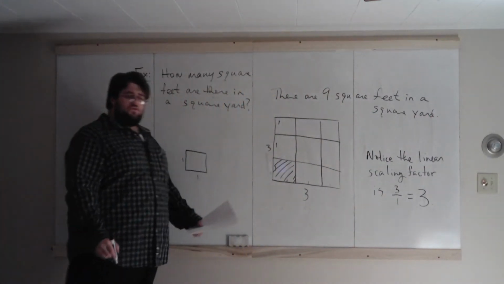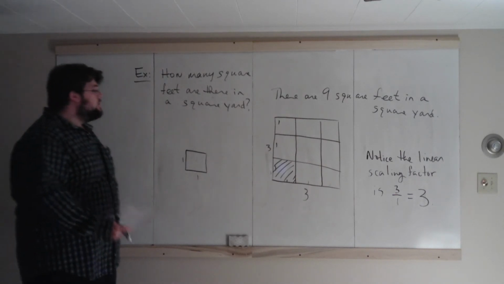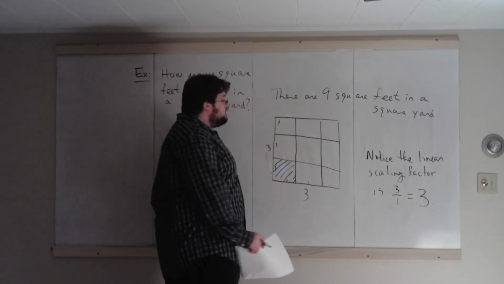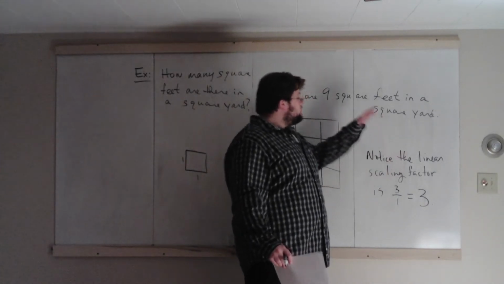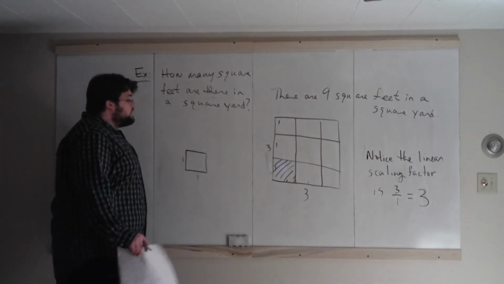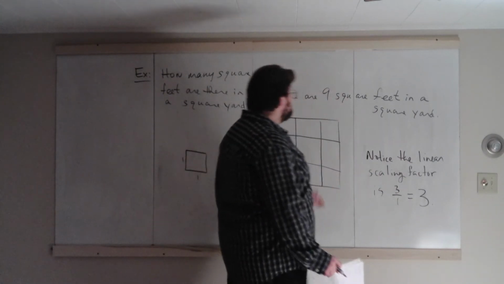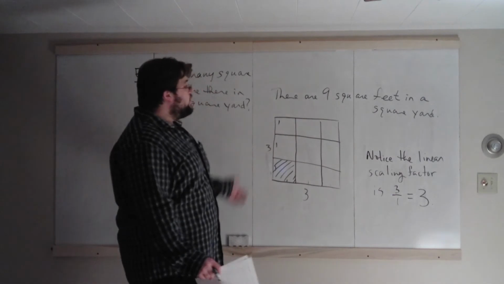And we did that using a diagram. So right here we have that the linear scaling factor does relate to the area scaling. And in fact, the linear scaling factor squared gives you how the area changes.